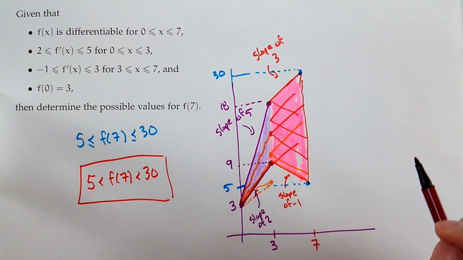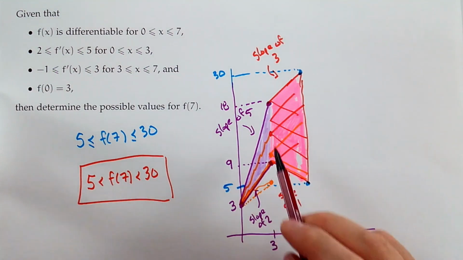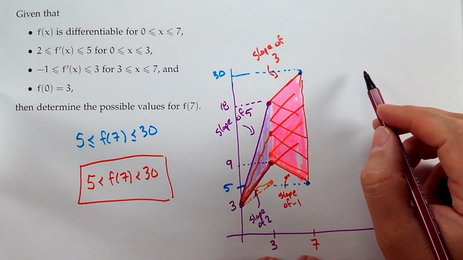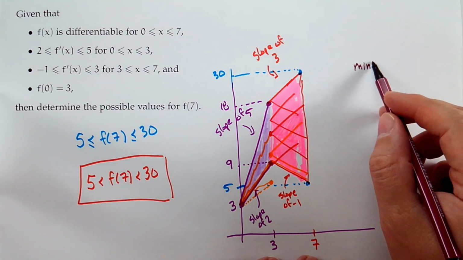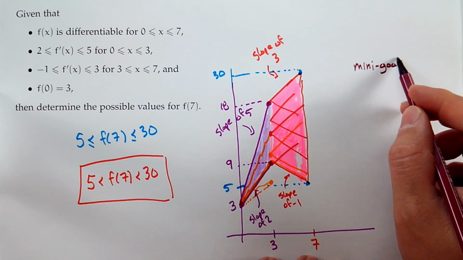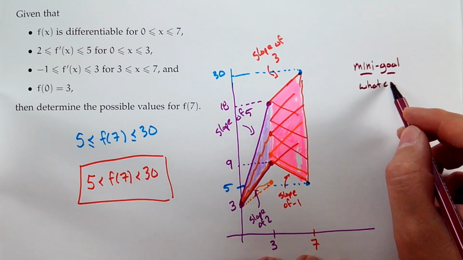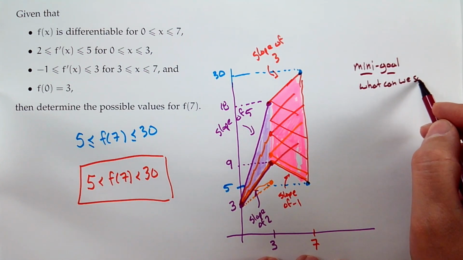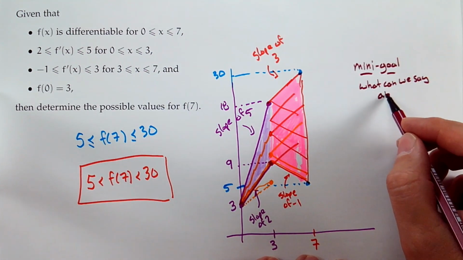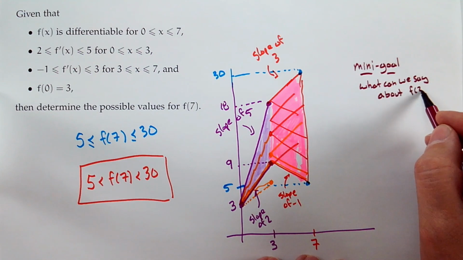So let's try just to focus on what's happening at 3. Let's set a mini goal: what can we say about f of 3? Well, what we can do now is use the mean value theorem.